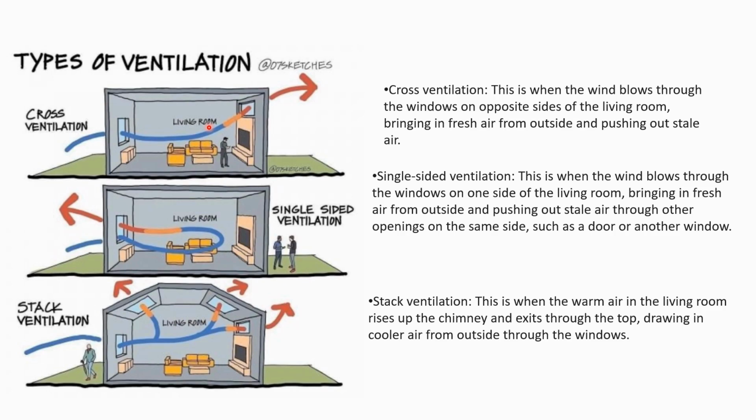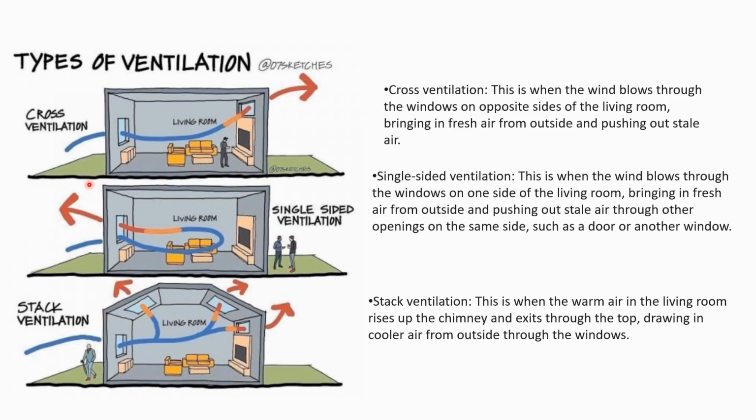And then we have single side ventilation. This is when the wind blows through the windows on one side of the living room, bringing in fresh air from the outside and pushing out the stale air through the other openings on the same side, such as a door or another window.